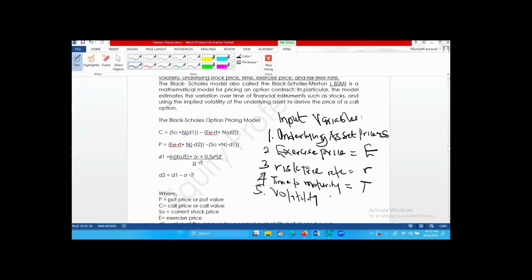In bracket, standard deviation. This is equal to sigma. Those are the 5 variables needed to value an option using the Black Scholes model.